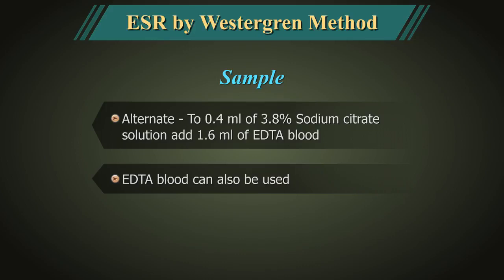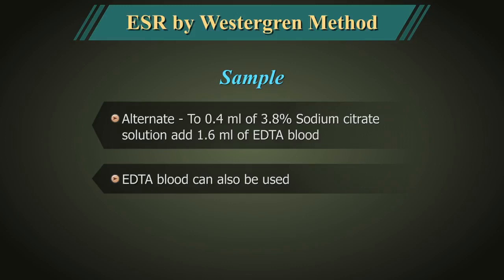Alternatively, measure exactly 0.4 milliliters of the 3.8% trisodium citrate solution with the help of a pipette or syringe into a clean and dry tube.